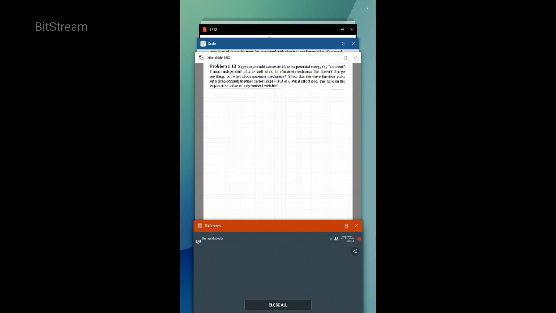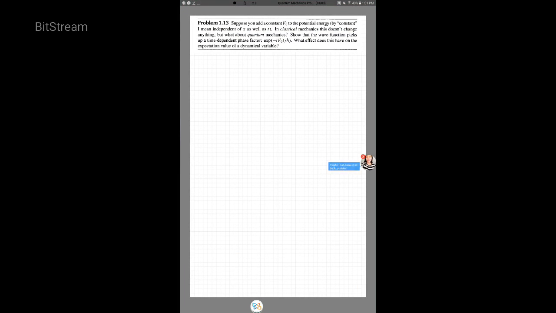Going to do the last problem on our section about momentum and expectation values. And to be honest, I think that I might be misunderstanding this question a little bit, and maybe I'm making it a little bit easier than it needs to be.